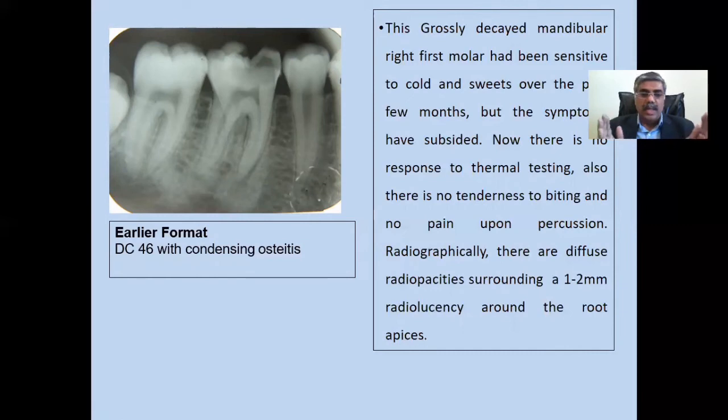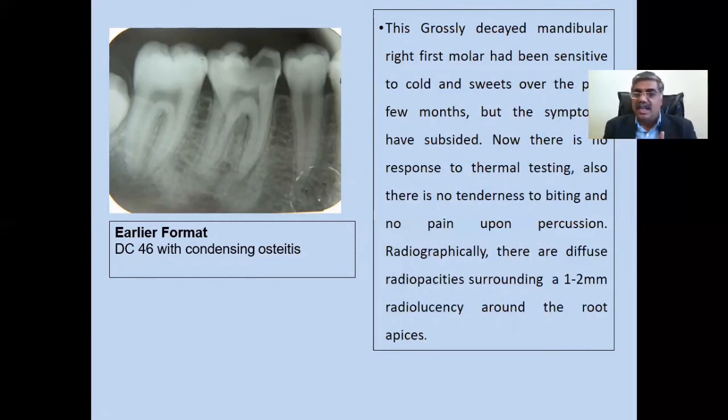Why we generally think that diagnostic terms should be precise, concise, and informative. So when I say condensing osteitis, I have in mind that pulp and periapical pathology is not a different disease. It is different stages of the same disease. It is progressive in nature.